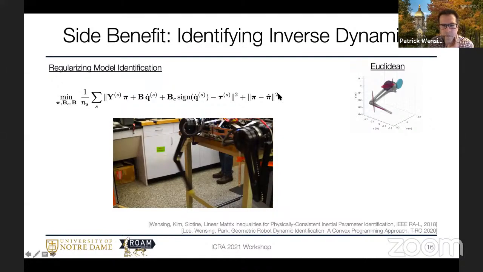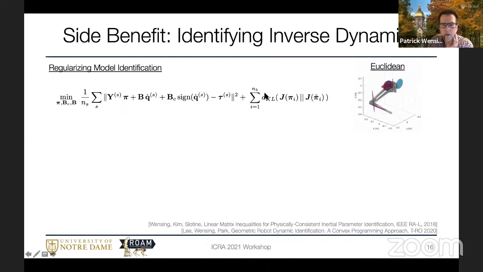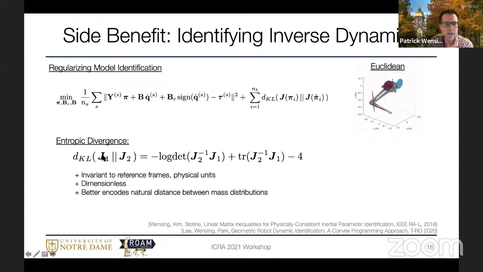And we found this in some work from me, Sangbae, and Jean-Jacques Slotine in 2018, and then followed up in collaboration with Taeyoon Lee and Frank Park. Really, the culprit here is this Euclidean regularizer. And we found that we can essentially take that, drop it out, and put instead a new regularizer that's also convex, that has this nice connection to entropy and the KL divergence.